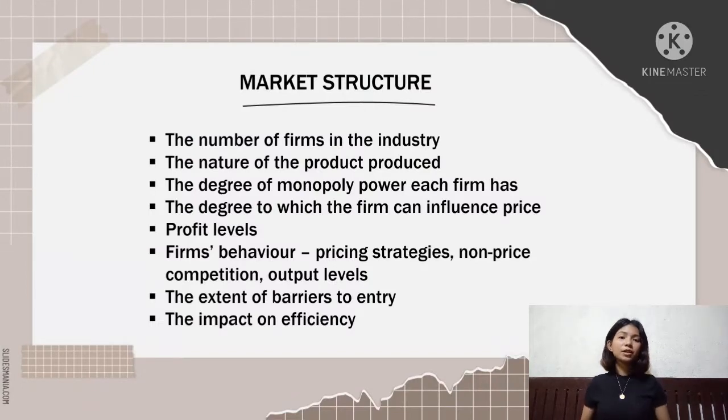Now, industries are governed by market structure, which mainly talks about the number of firms in that specific industry, the nature of products produced, the firm's behaviors, the extent of barriers to entry, and the impact to efficiency. Different structures have different characteristics, and the choice of structure influences the behavior and outcomes of companies working in a specific market.